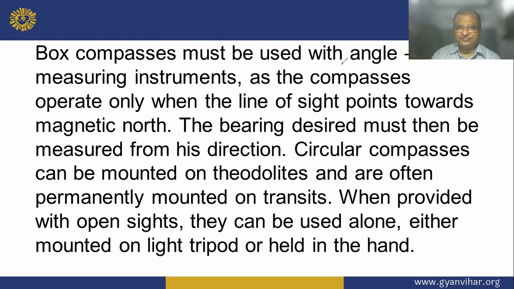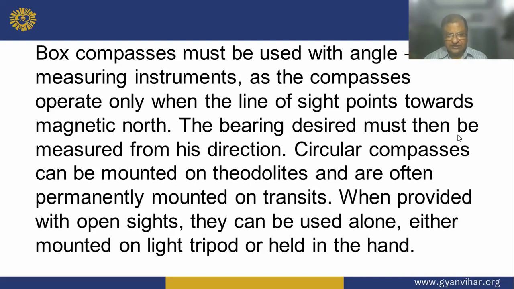Now, my dear boy, a box compass must be used with the angle measuring instrument, as the compass operates only when the line of sight points towards magnetic north. The bearing must then be measured from this direction.